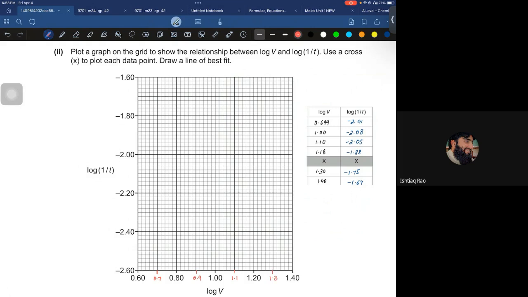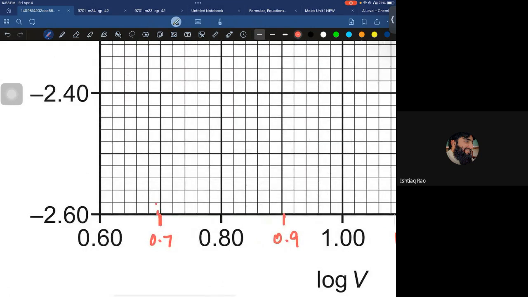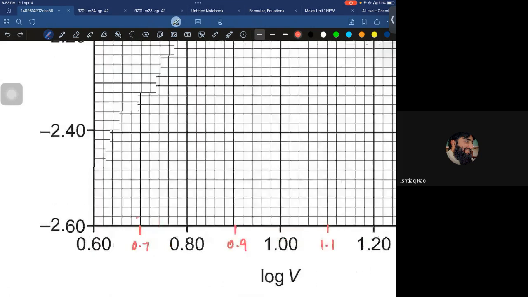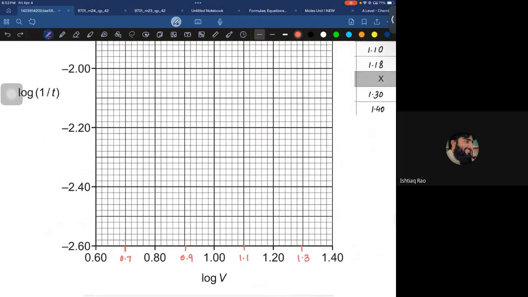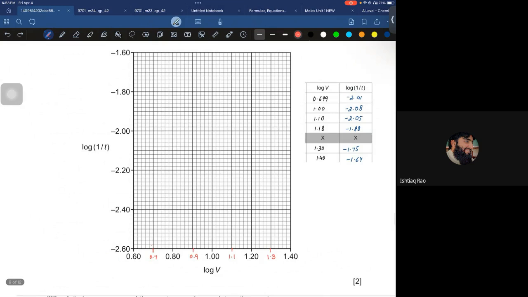So 0.699 would be somehow over there, really close to 0.7, and minus 2.41.